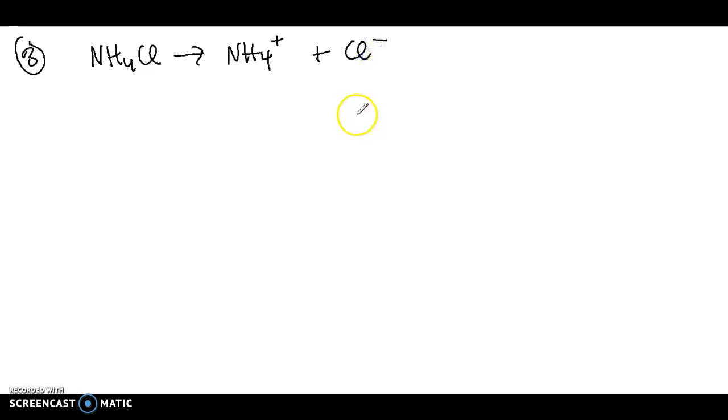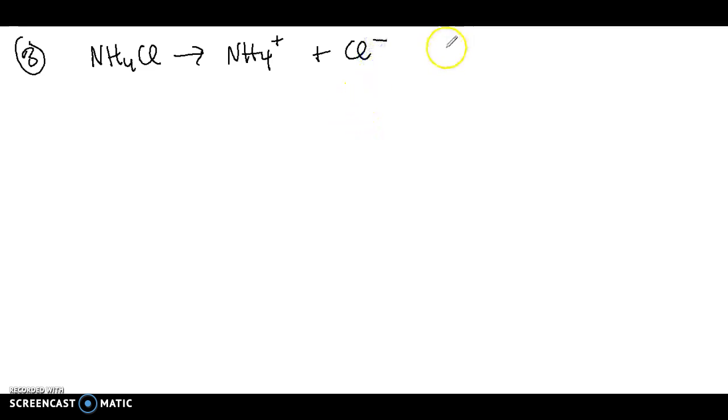Okay, so let's do number 3 then. That one says when dissolved in water, ammonium chloride breaks down to ammonium and chloride ions. So I have the NH4Cl, which is going to turn into its ions, dissolving in water, and that's all balanced.